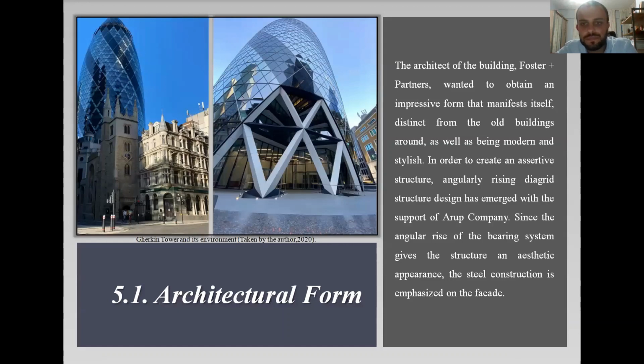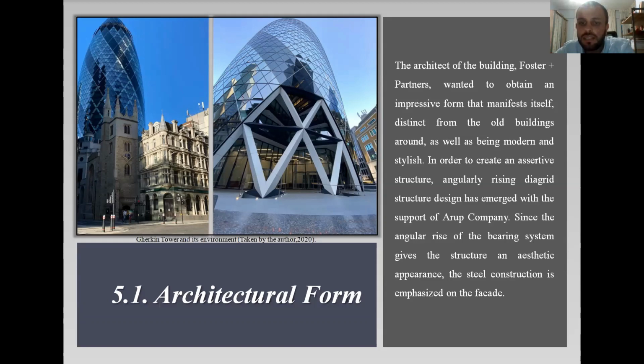5.1 The architectural fund. The architect of the building, Foster and Partners, wanted to obtain an impressive form that manifests itself as distinct from the old buildings around, as well as being modern and stylish. In order to create an assertive, angularly rising structure, the Diagrid structure design emerged with the support of Arup Company.